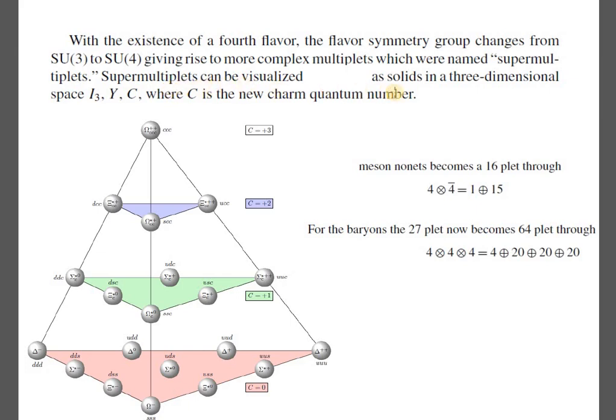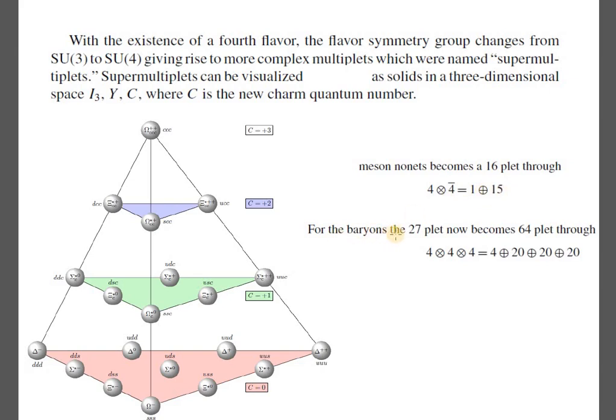Now, this can be visualized as solids in a 3-dimensional space spanned by I3, Y and C, where C is the new charm quantum number. You see, these are the values: C equal to 0, C plus 1, C plus 2 and C plus 3. Now our meson nonets become a 16 plet through this 4 cross 4 bar equal to 1 sum 15.